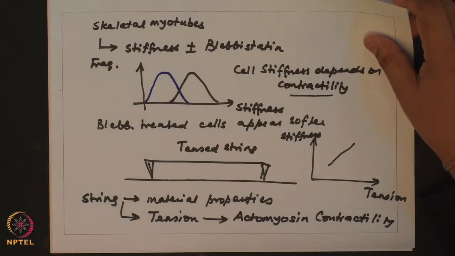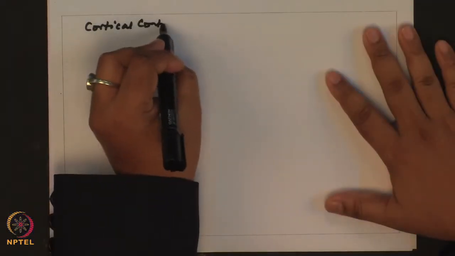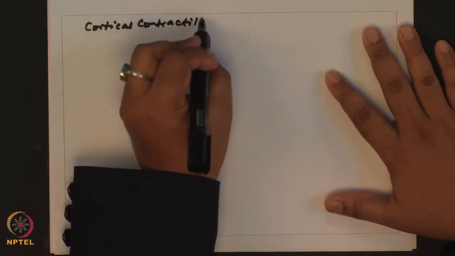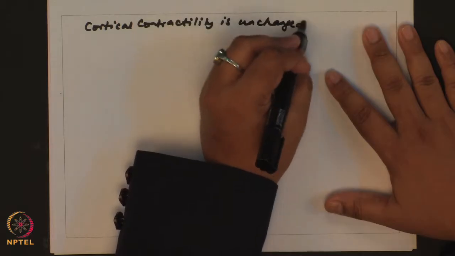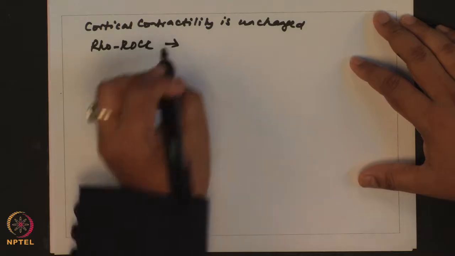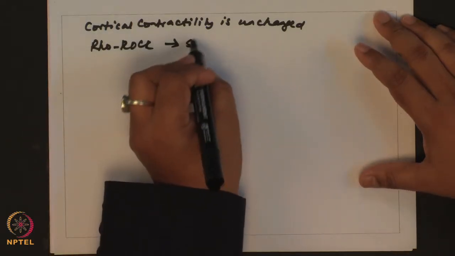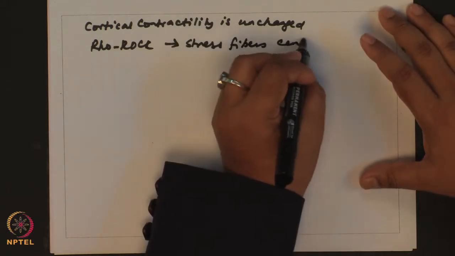However, you will not see the effect of contractility on stiffness if your cortical contractility is unchanged, but you have upregulation of Rho or ROCK such that stress fibers are built up in the center of the cell.